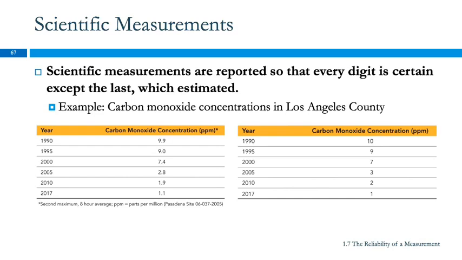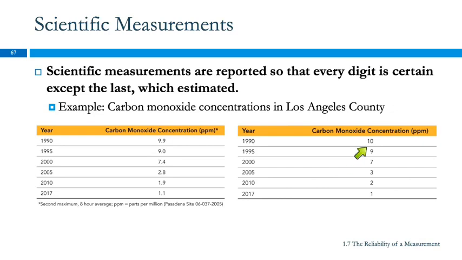This is just an example from your textbook showing levels of carbon monoxide in Los Angeles County. Here they're expressed with 1 decimal point, so 2 significant figures: 9.9 parts per million, 9.7, 4.2, 2.8, 1.9, 1.1. Over here they're expressed to the ones place.